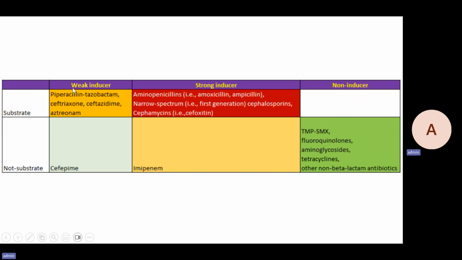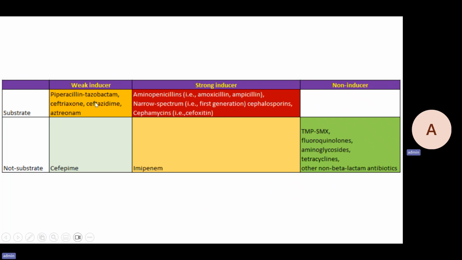What is the meaning of that? Weak inducers means that if you give this antibiotic to an inducible AmpC producer, for example, say Citrobacter freundii. If you treat Citrobacter freundii with piperacillin-tazobactam, it might produce AmpC. It is a weak inducer of AmpC. Similarly, ceftriaxone, ceftazidime, are weak inducers. But if it produces AmpC, then it is going to break down these antibiotics, which are substrates.